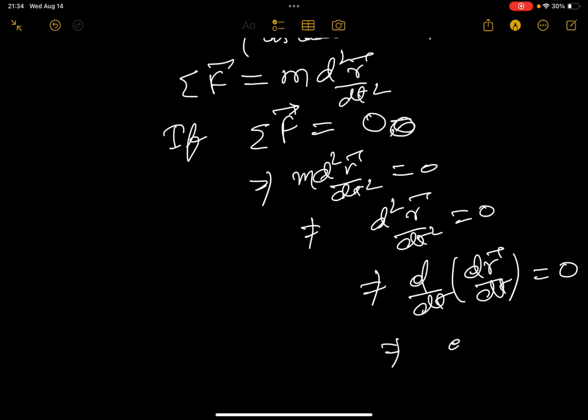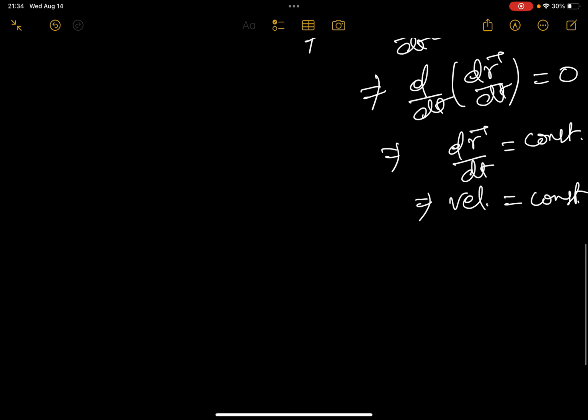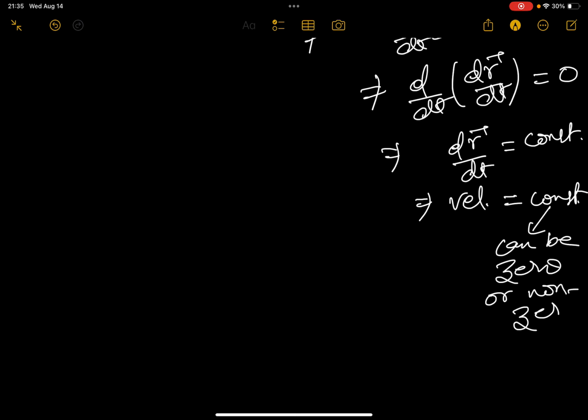This implies that dr by dt equals constant, which implies that velocity equals constant. This constant velocity can be 0 or non-zero.